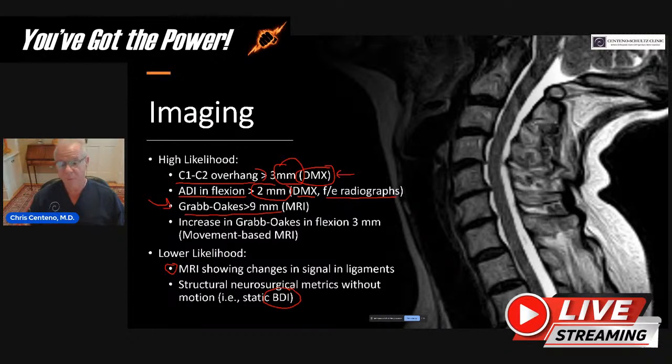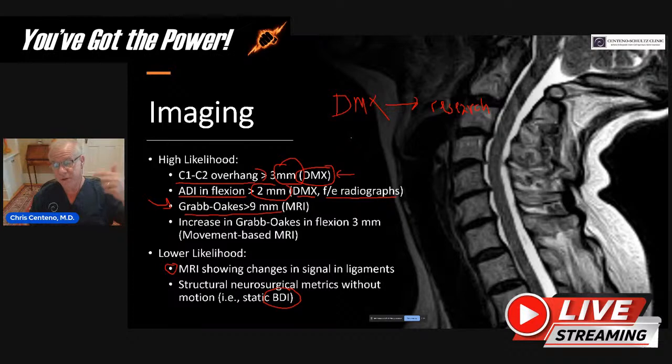And the reason why we're focused here on DMX is that DMX has a study that was done in this patient population, the kind of folks we're seeing. So the research right now is the best on DMX because that research is on the patient population we're talking about.